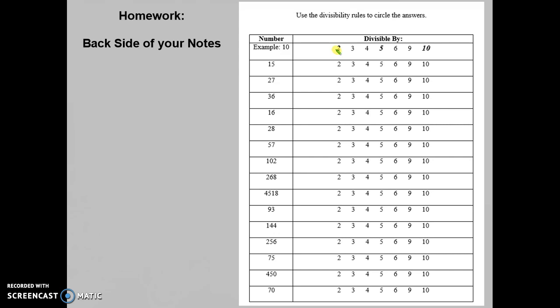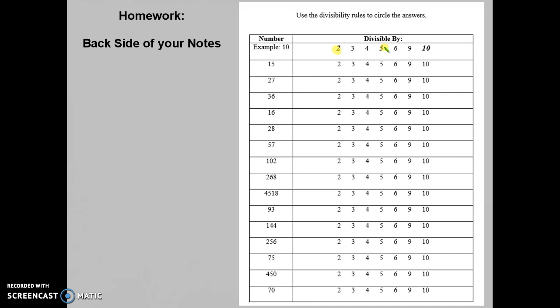Check it for 4. Cut it in half twice. Well, 10 cut in half is 5. I can't cut 5 in half, so it's not divisible by 4. Divisible by 5. Does it end in a 5 or a 0? Yes, so it's divisible by 5. 6. Did it work for 2 and 3? Well, it worked for 2, but it didn't work for 3, so it is not divisible by 6.